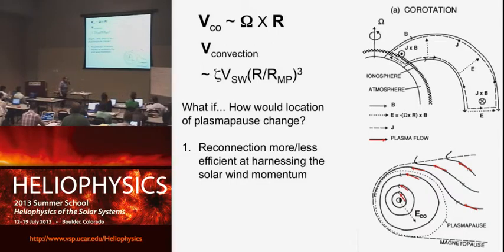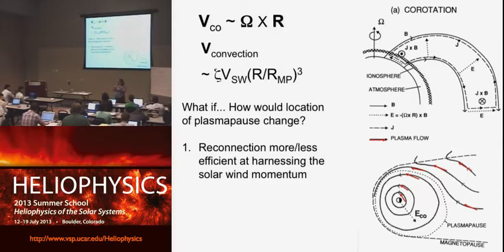What is the relative importance of rotation versus solar wind-driven, reconnection-driven convection? When you change that reconnection efficiency, what's going to happen to that distance where rotation gives in and reconnection takes over? If you had a much stronger reconnection, is it going to move in or move out?